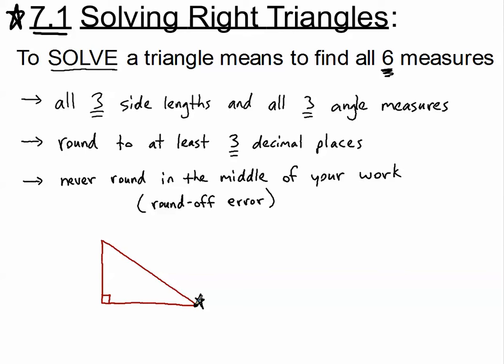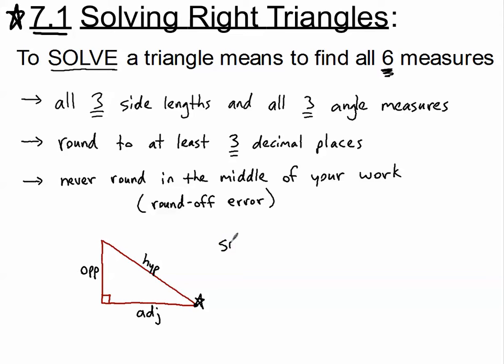Where you're standing, in relationship to that, we have what's called the opposite side. We have the adjacent side. And of course we have the hypotenuse, and that's regardless of where you're standing. The hypotenuse is always opposite the 90-degree angle. But since I'm standing on this acute angle of this triangle, I have my opposite side opposite that angle, and the adjacent side is the leg that I'm touching.